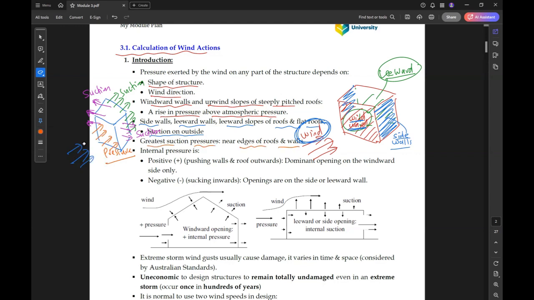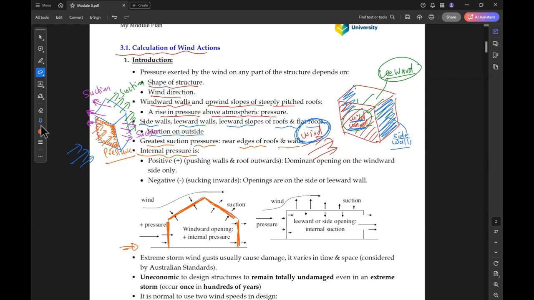So the areas near the edge have higher intensive pressure compared to the general areas. The internal pressure means pressure inside the building. So if you look at this example here, this face, for example, is our roof, and these 2 are the walls.